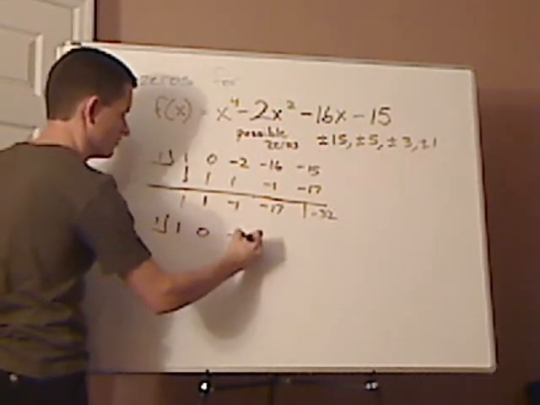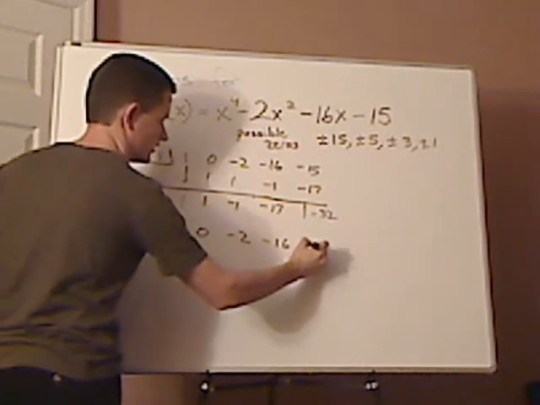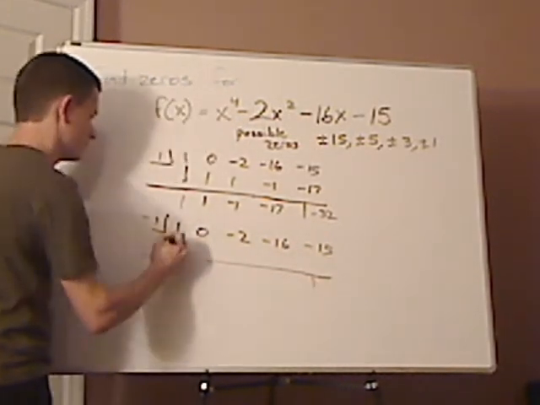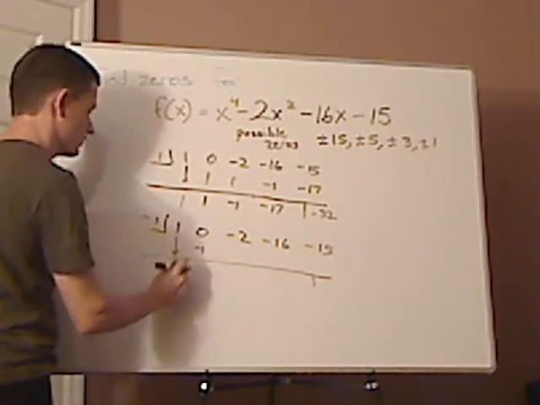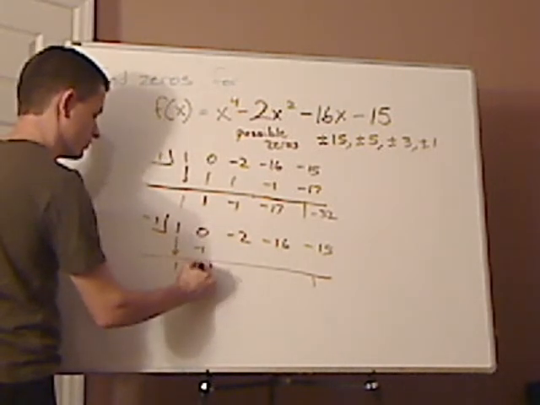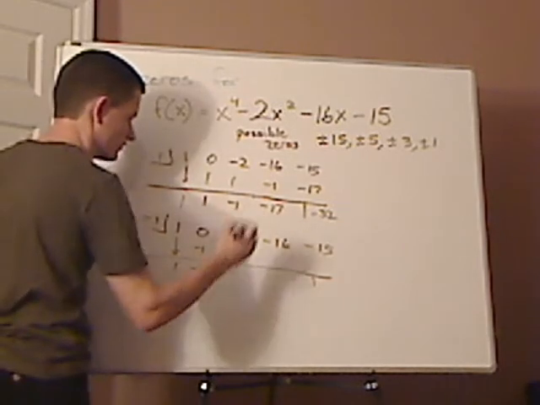1, 0, -2, -16, -15. Alright, so we're trying this one. Bring down the 1. -1 times 1 is -1. 0 plus -1 is -1. -1 times -1 is a positive 1.